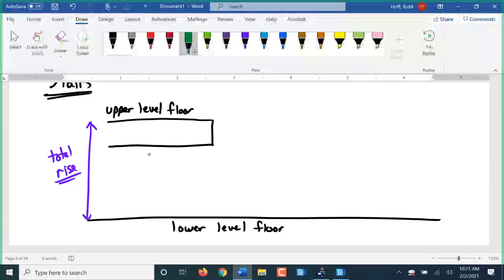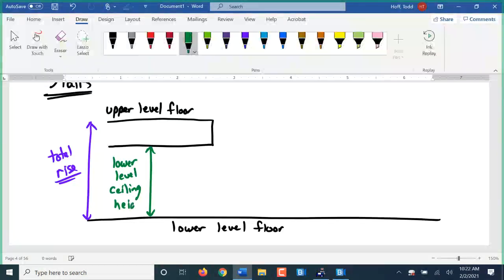There is a ceiling height in the lower level. Usually just referred to as the ceiling height because we don't care about the ceiling up above. And then there's a floor thickness.